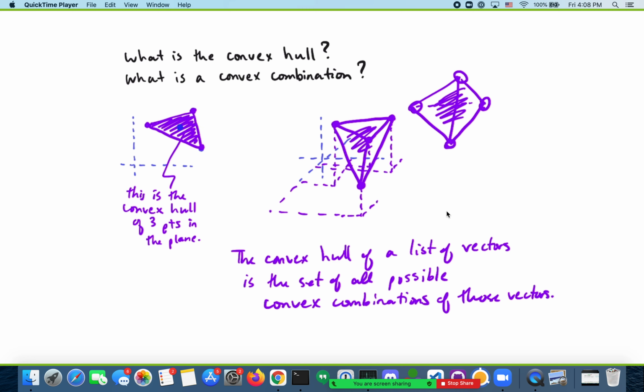Let's call these P1, P2, P3. Then that point in the center is a linear combination, but it's special because the coefficients add up to 1. So P2 is also in the convex hull because P2 is equal to 0 times P1 plus 1 times P2 plus 0 times P3. And the coefficients add up to 1.